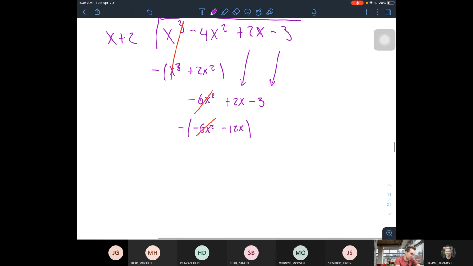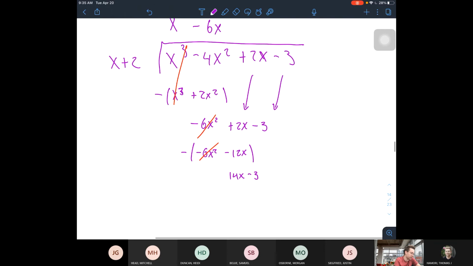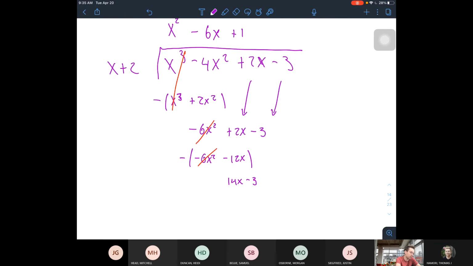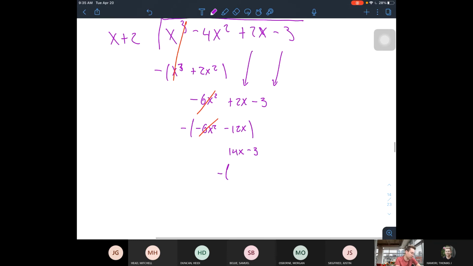That gets us 14x minus 3. And now we just have to do the last thing, which should be plus 14. Okay, so plus 14, and then we subtract 14x plus 28.